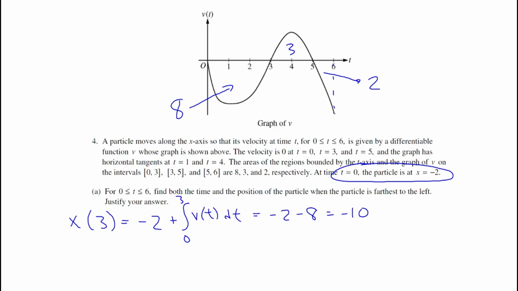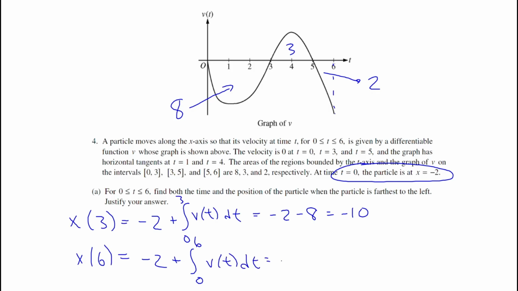The other possibility: it moves to the right when the velocity is positive, so we know it's not going to be farthest left anywhere on that interval because we're now 3 units further to the right. But it could be at the end at 6, so we'll find x of 6, which is the initial position, -2, plus the integral from 0 to 6 of v of t.